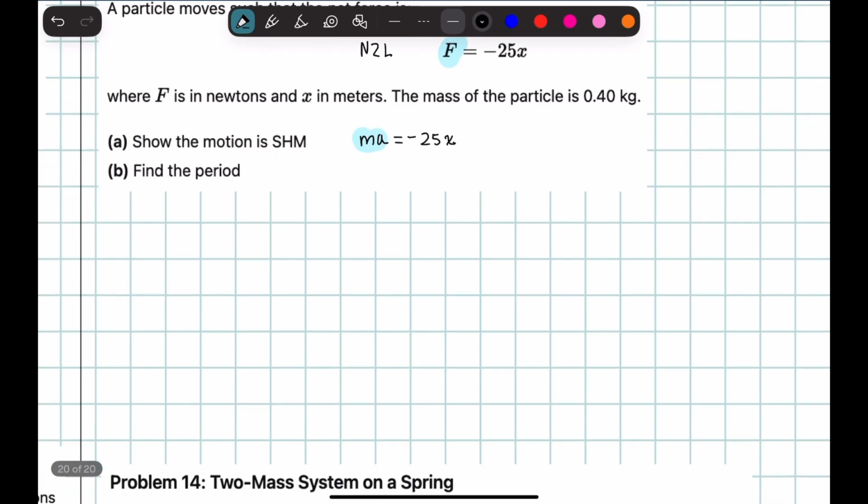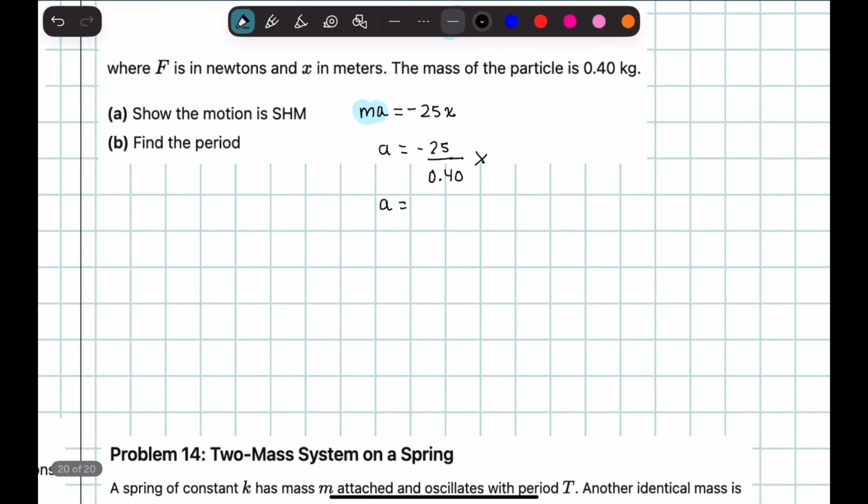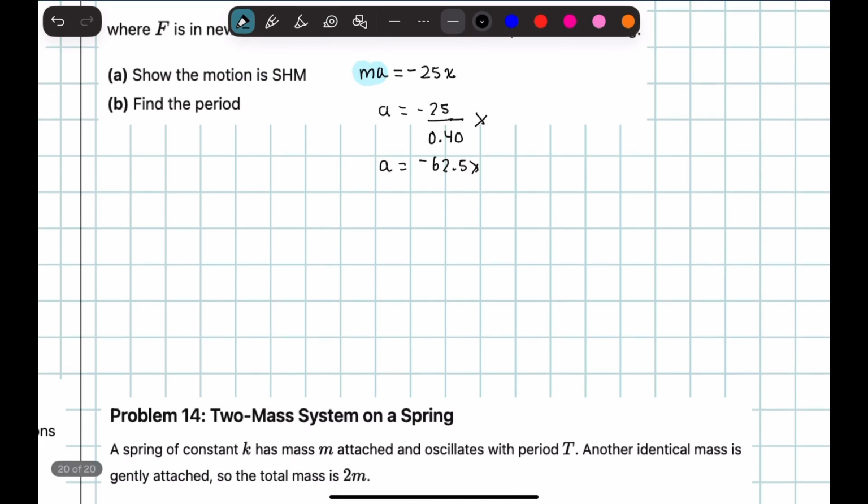Solving for the acceleration, we have negative 25 over 0.40 x, so the acceleration is equal to negative 62.5x.